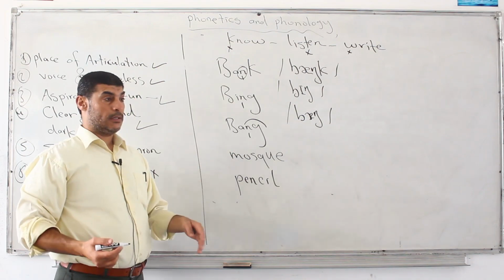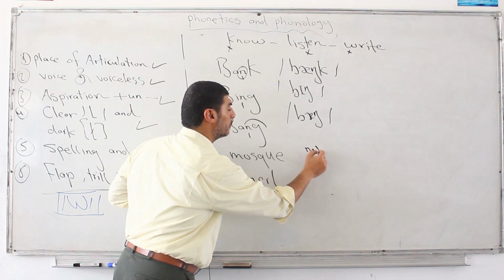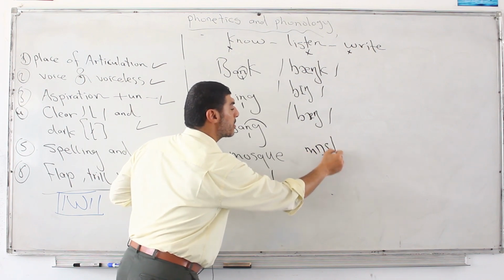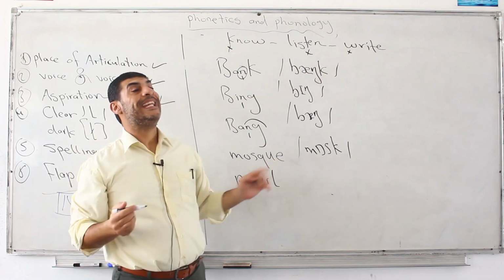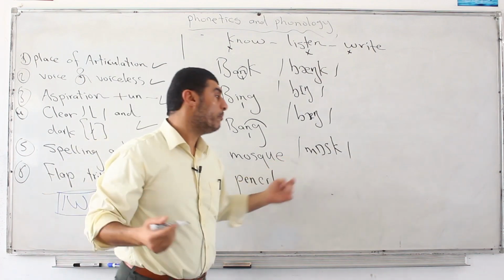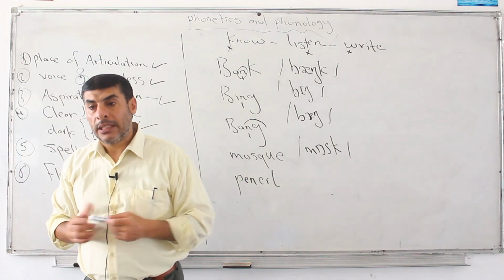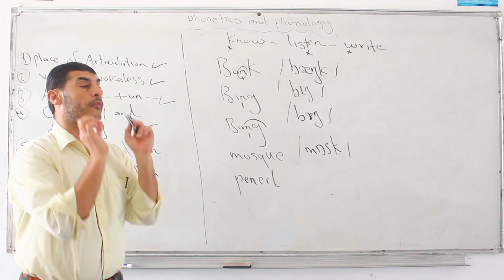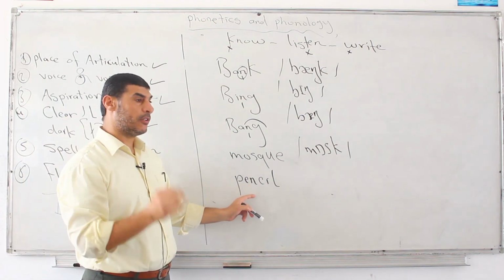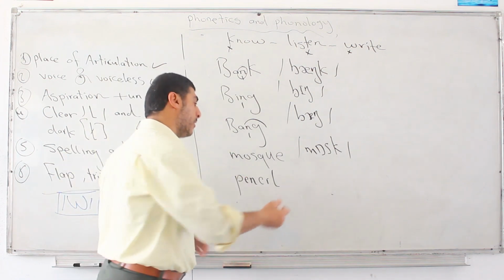You have the other word, mosque. Because in mosque, the K is very clear here, mosque, or mosque in American English. The word, when I say pencil, pencil, pencil, you feel that the tip of your tongue touches the alveolar ridge, so in the transcription the sound is there.